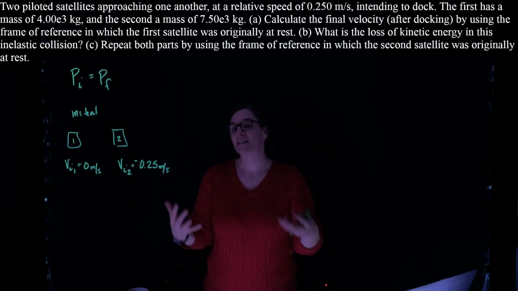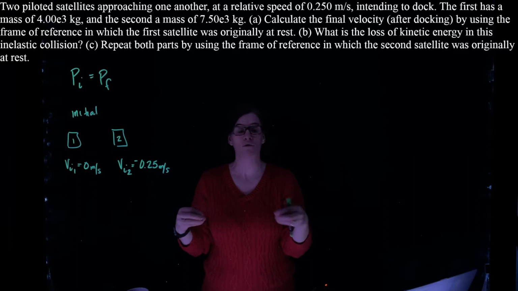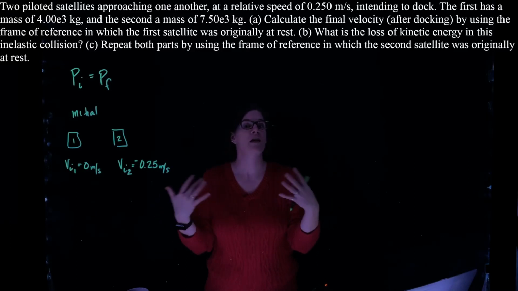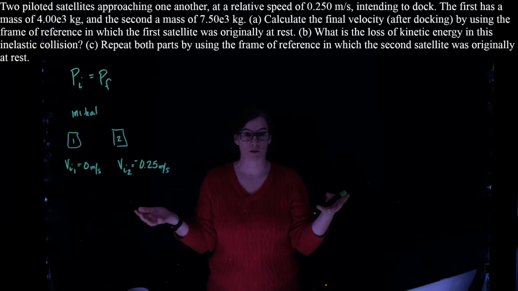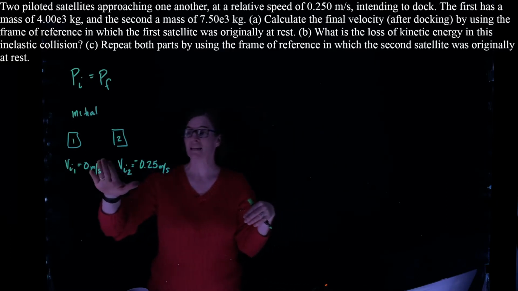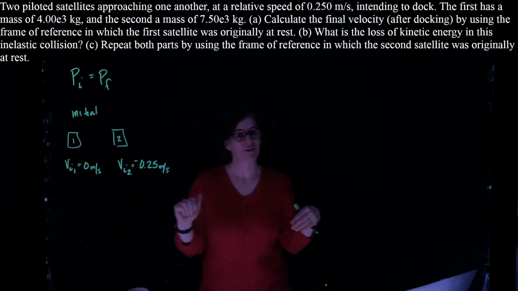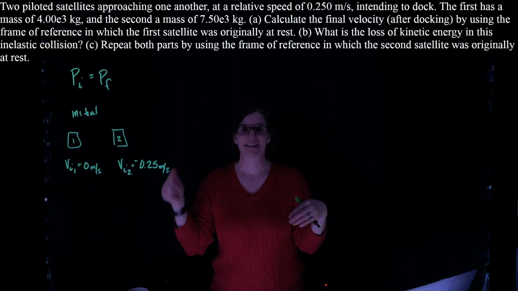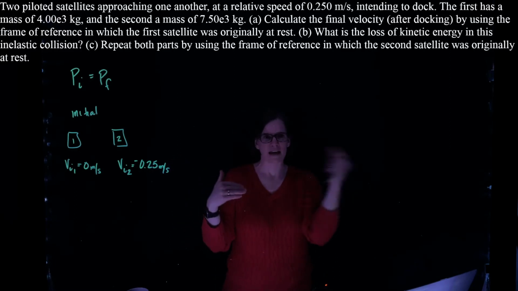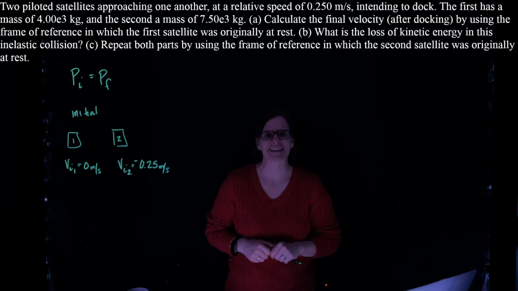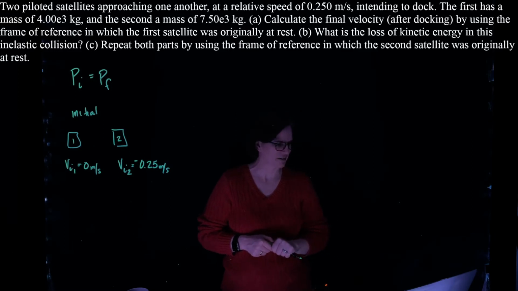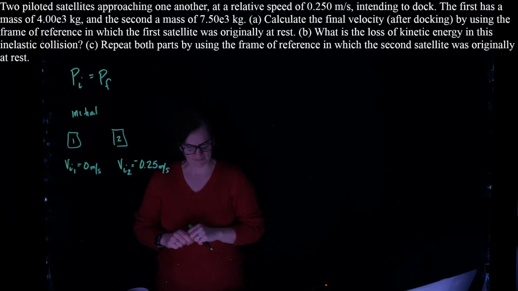So the relative speed, meaning they could both be moving, but relative to one another, they're moving at 0.25 meters per second. In the frame of reference of that first satellite, that satellite will be at 0, and I've drawn it so that the other satellite is coming at negative 0.25 meters per second.